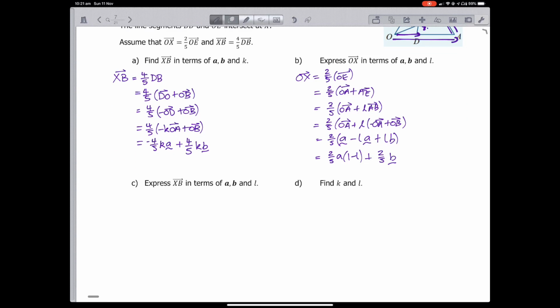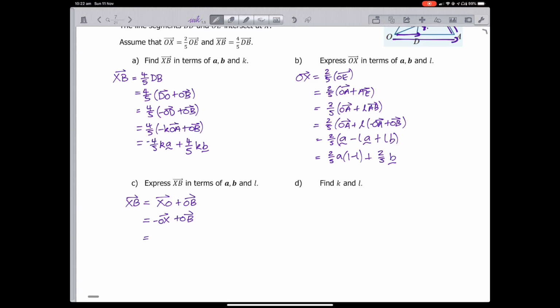It may feel like we're doing stuff for nothing, but eventually we'll see that we can use all of this to find out what L and K are. Okay, so XB is the same as XO plus OB. We know what OX is, so change this to be negative OX plus OB.